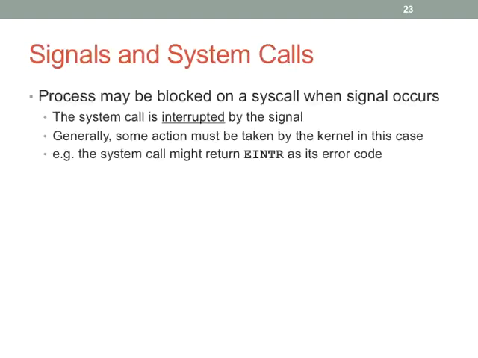Now, a few other details of this. One is that I may be blocked on a system call when a signal occurs, which means that I'm actually interrupting a system call, not just some random operation that the user process is doing. Where I force a context switch, I preempt the process. Typically what happens is the system will return EINTR for the system call.